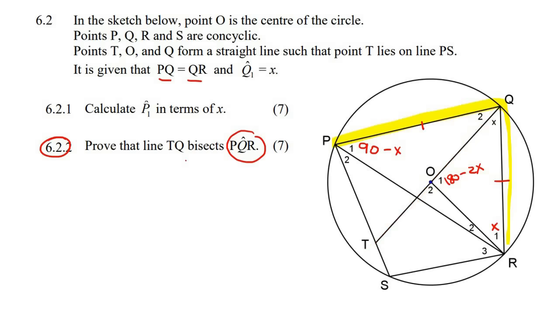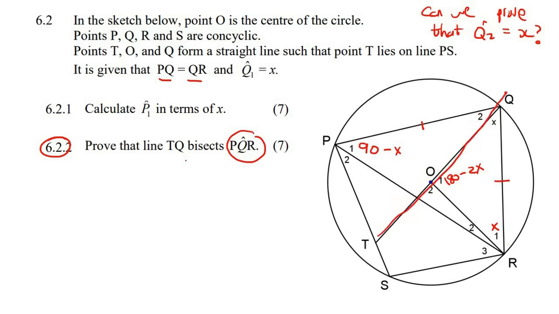So what they're actually wanting us to prove is that this is going to be the same as that. So can we prove that Q2 is the same as x? That is what we actually need to do, because if this is x and this is x, then these two are the same, and so this line is cutting this angle exactly in half, and that is what the word bisect means. So the goal is to find this as x. We want that to be equal to x.